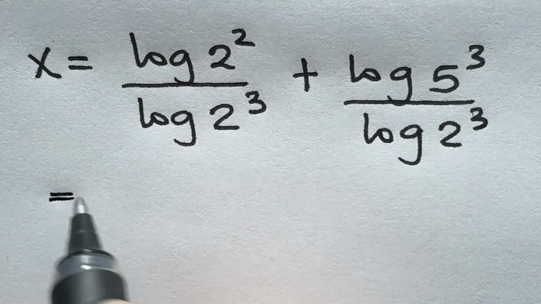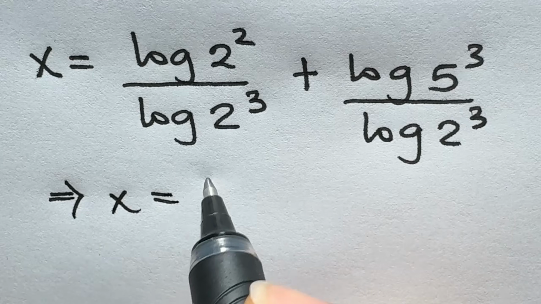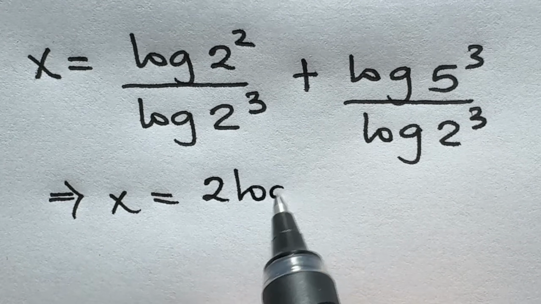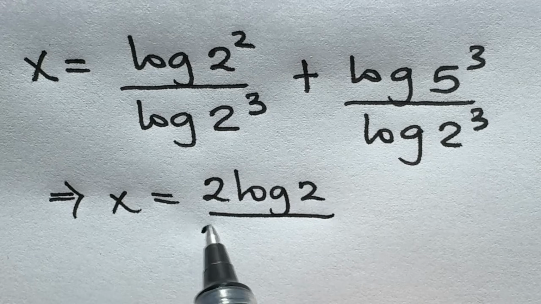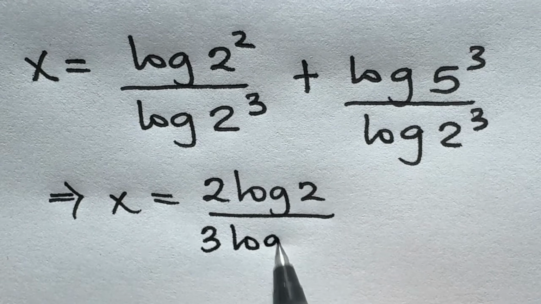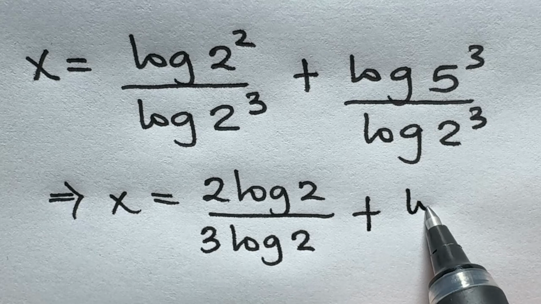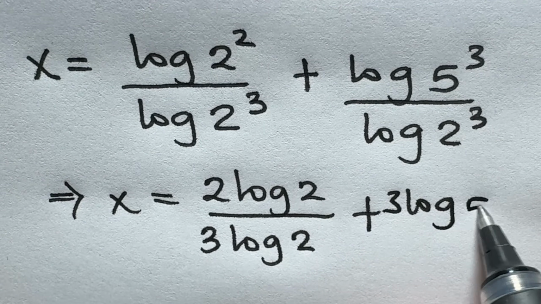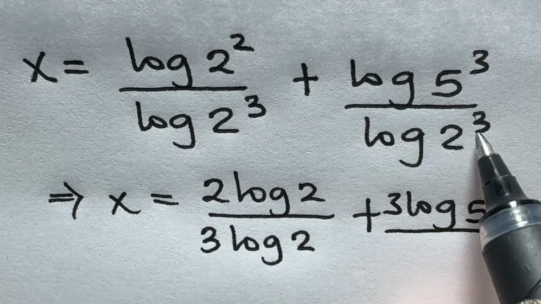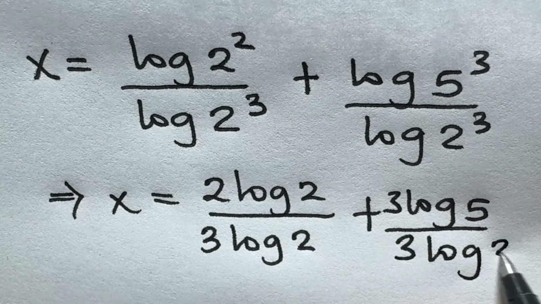x will give us 2 log 2 divided by 3 log 2, then plus 3 log 5 divided by 3 log 2.